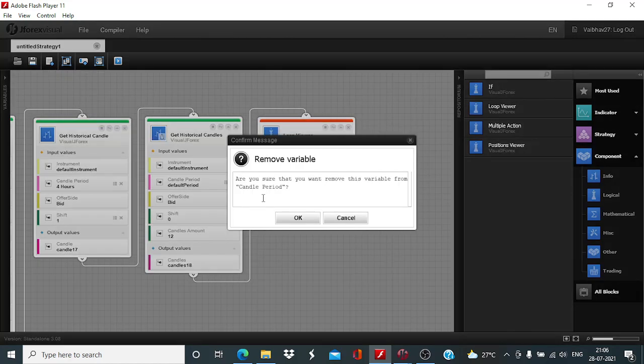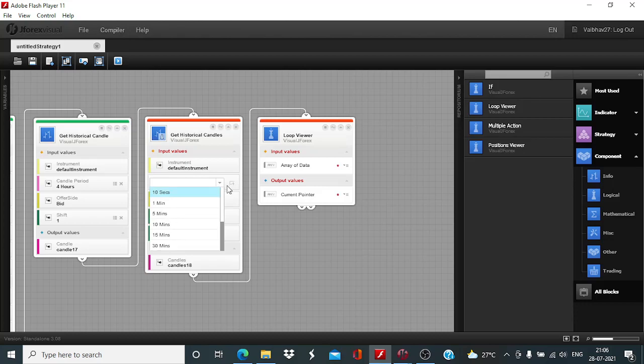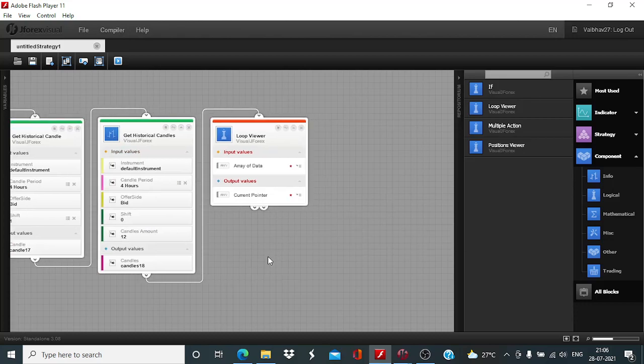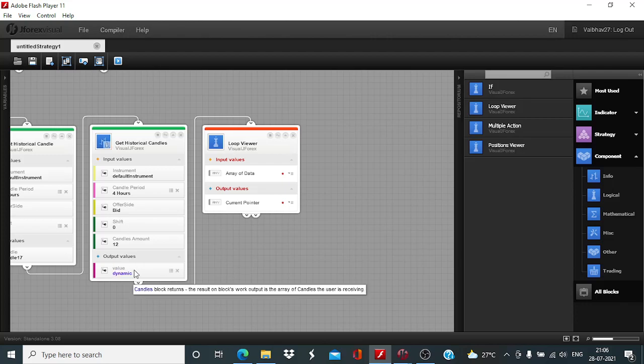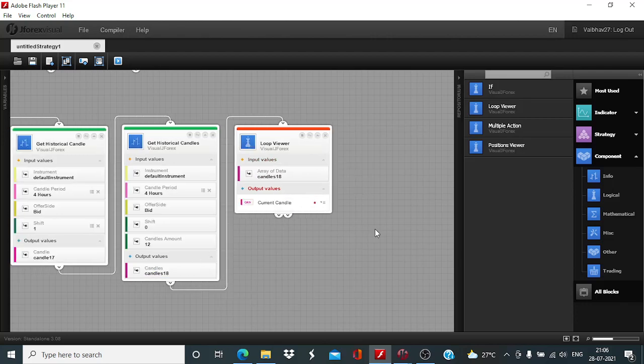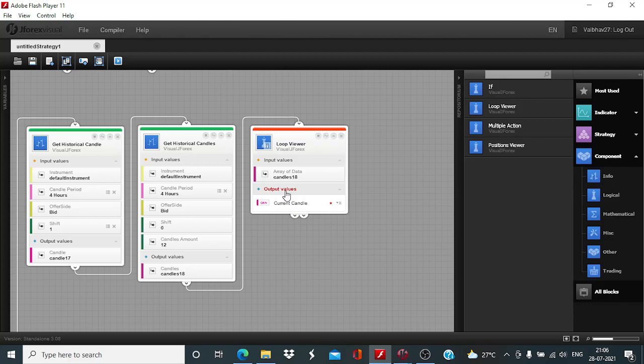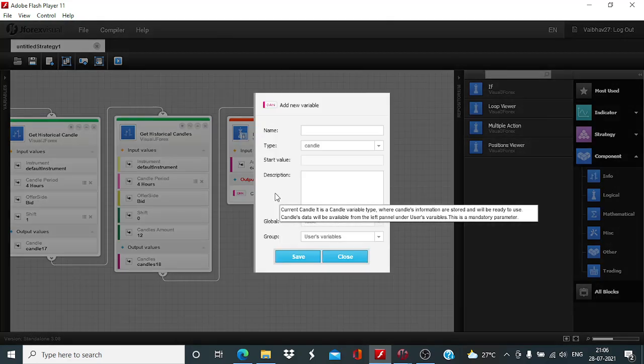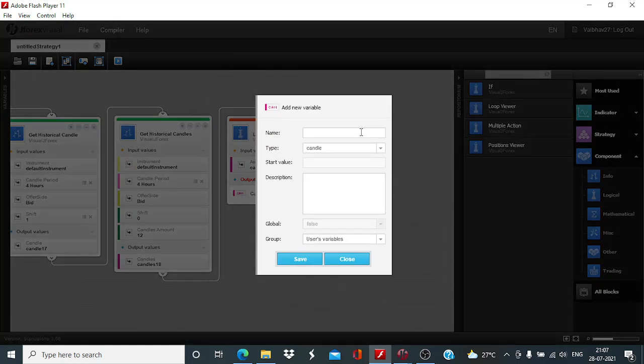Candle period will need to be changed to 4 hours. Candles 18, and new output value will need to be created. I will name it BHL.